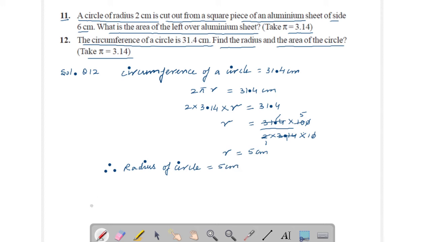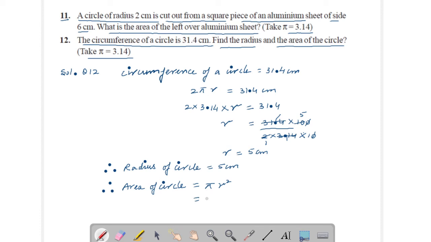Now you have to find out area of circle. Therefore area of circle equal to pi r square. Put the value of pi and r.